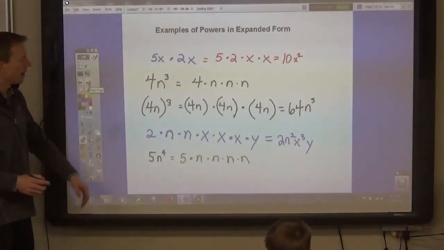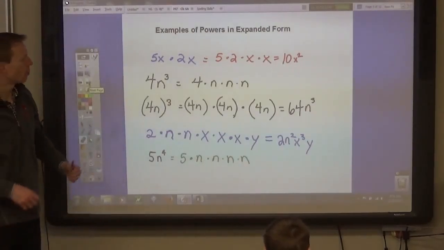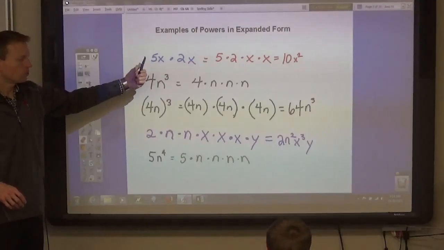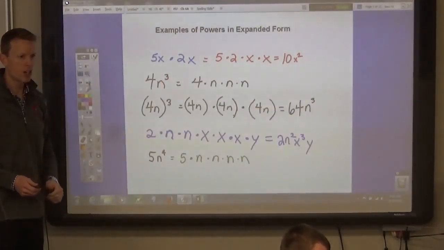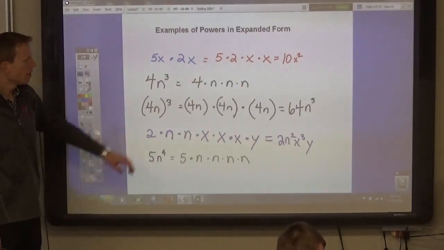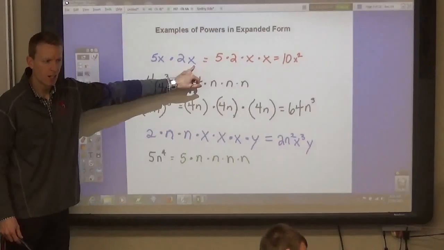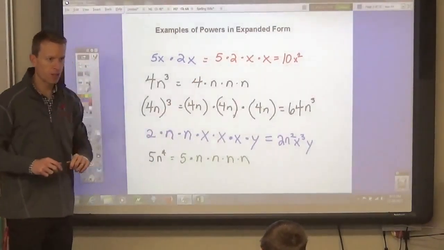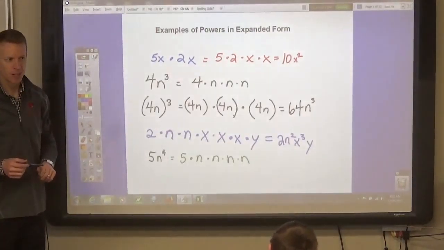Let's look at some examples though. And this is what we'll be using in algebra in this lesson. When you have two terms that are multiplied by each other, and they both have x's, what is the property or the rule that says you can switch the numbers around and get the same answer in multiplication?